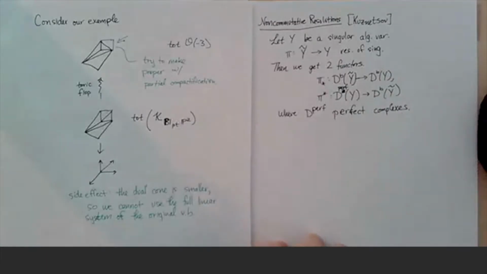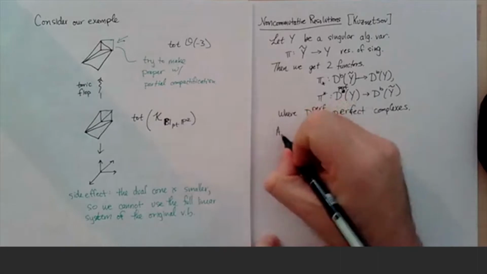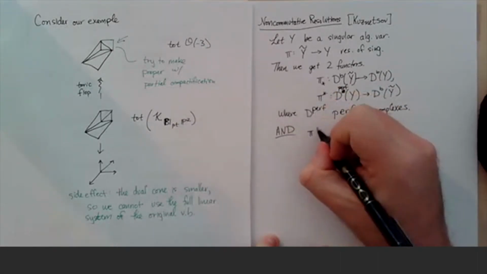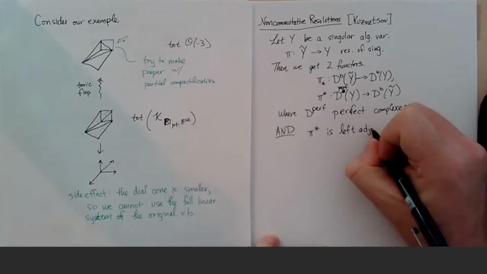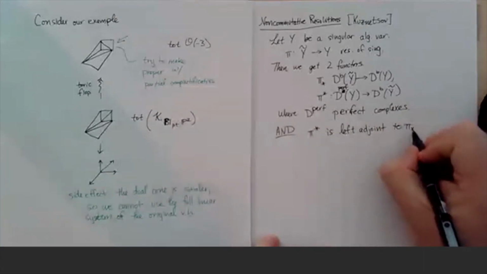Okay, so those are complexes of sheaves that are locally quasi-isomorphic to a bounded complex of locally free sheaves of finite type. So basically, locally, you end up getting some complex of vector bundles. So, you know, when you're smooth, the derived category is just the category of perfect complexes. Okay. So what we have now is that the derived pullback is left adjoint to the derived push forward.